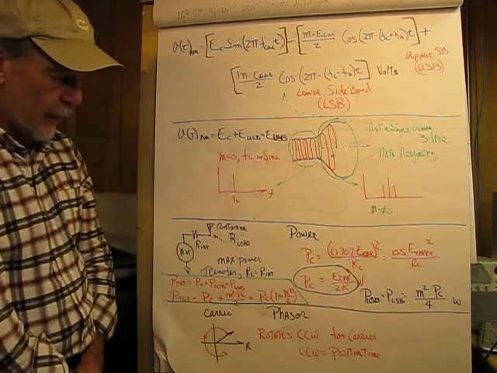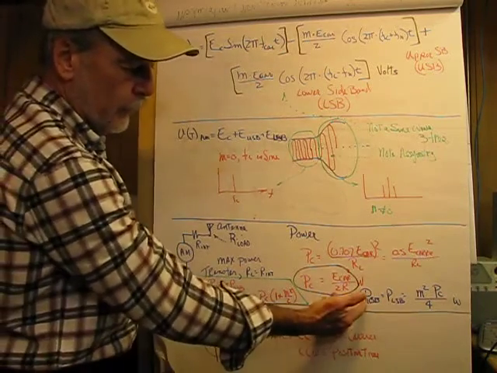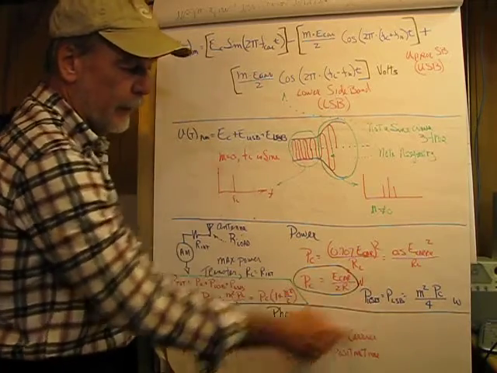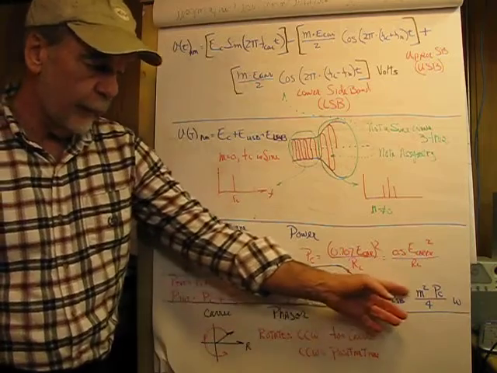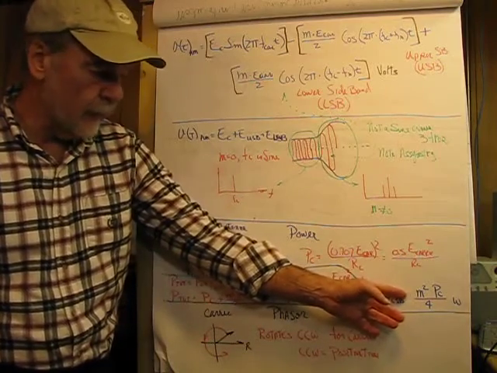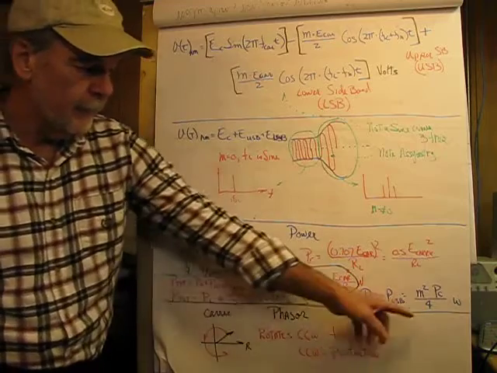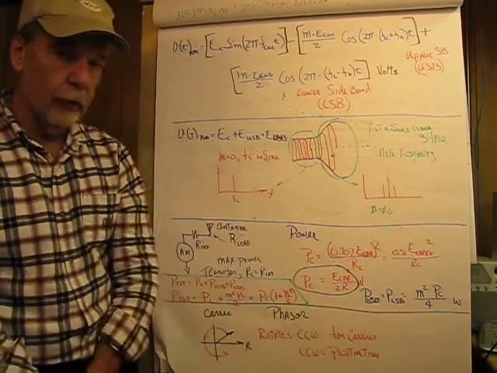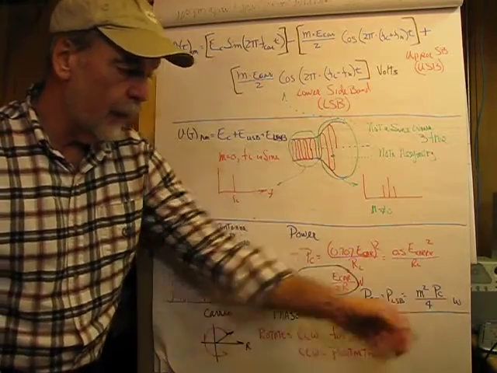So if we wanted to find the power in the sideband, it would be P upper sideband equals P lower sideband equals the square of the modulation coefficient times PC divided by 4, and part of that 4 has to do with converting peak power into average power in watts.